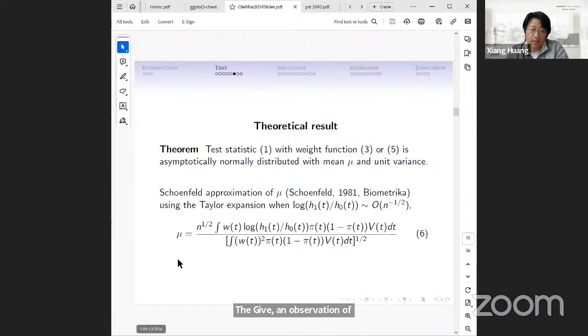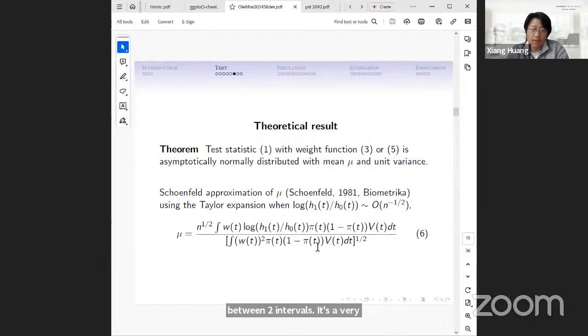Basically, you can see mu is n, the sample size, to the power 1/2 times a ratio between two integrals. They are very complicated integrals.